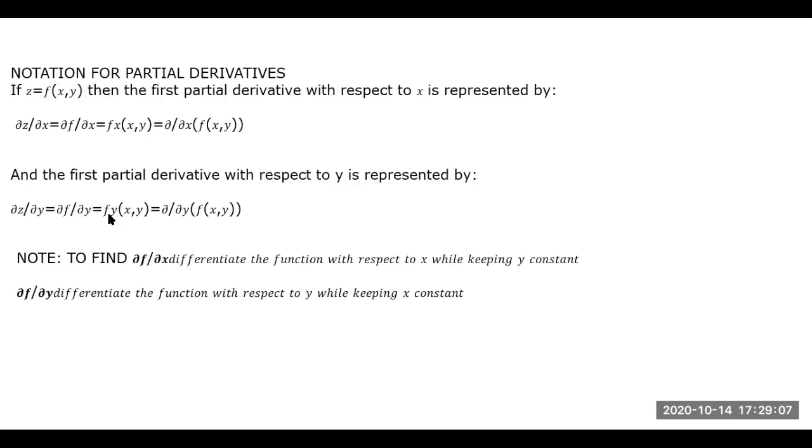So to find dou f by dou x, we differentiate the function with respect to x and keep y constant. To find dou f by dou y, we differentiate the function with respect to y and keep x constant. These are the first partial derivatives.